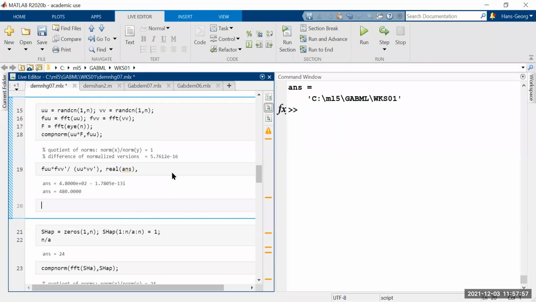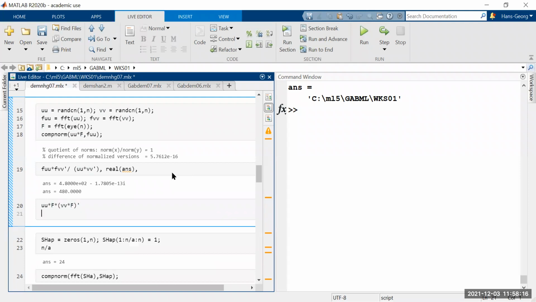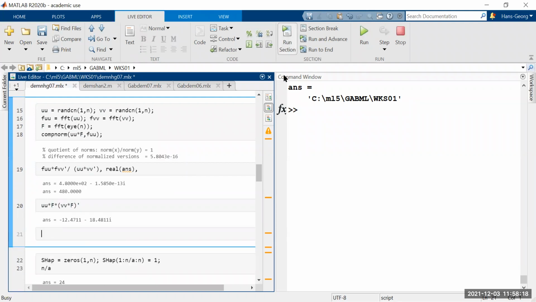But you can also say, what do you expect from the FFT? This is u times f. And then I'm saying, what is this? This is v with f, and you take a prime. Okay, so this is giving you some number. But actually, as you know, matrix multiplication is associative, and therefore you're getting this here.